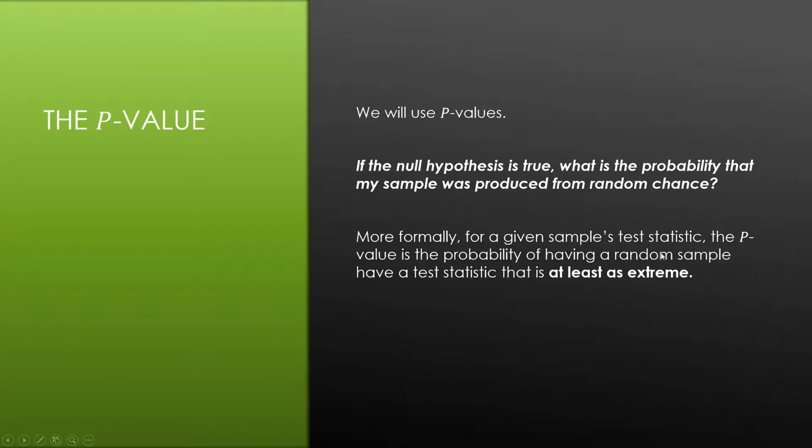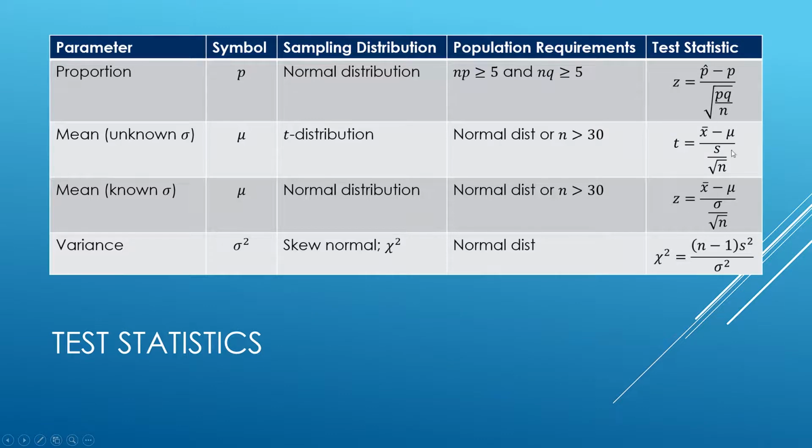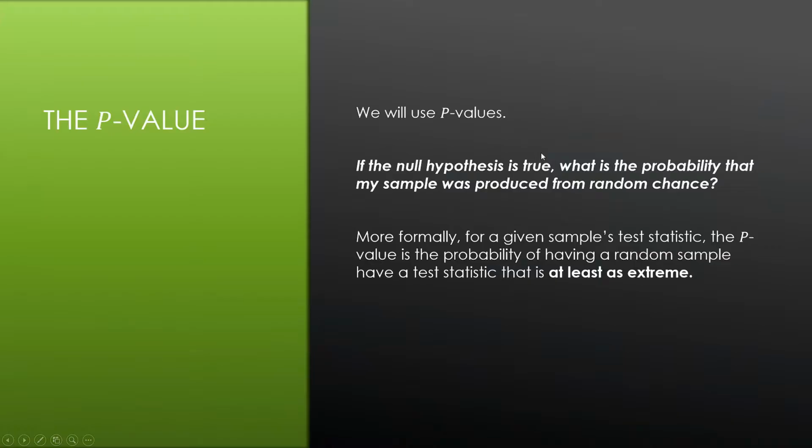But anyway, in all of these events, what you'll do is find what is ultimately going to be called a p-value. You're going to take your test statistic, whichever one it is you're trying to test, and use that to create a p-value, which is, in so many words, the probability that the test statistic you found from your sample was produced by random chance given the null hypothesis was true.